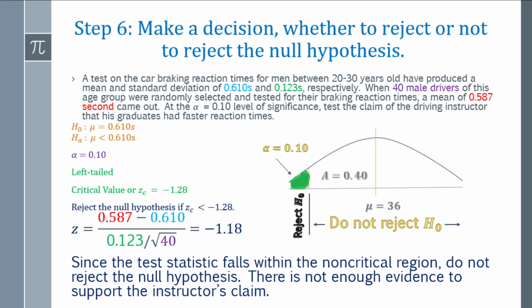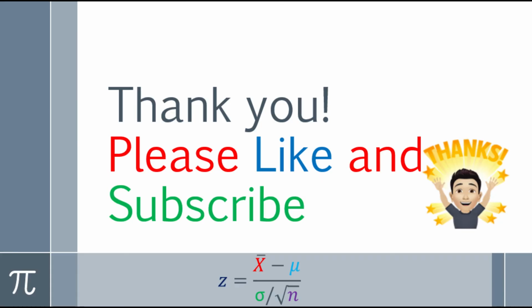Yung computed C-value mo ay negative 1.18. So, mapansin mo, lahat ng negative 1.28 pababa, ito yung i-reject natin. At dahil ang negative 1.18 ay mas mataas sa negative 1.28, hindi natin i-reject yung null hypothesis. And that's the end of the lesson about hypothesis testing C-value.